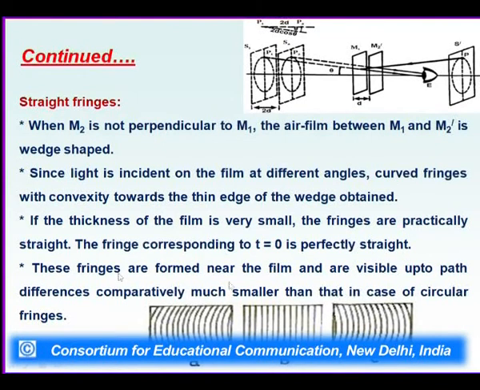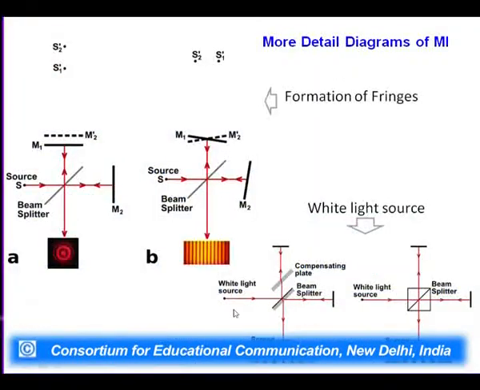These fringes are formed near the film and are visible over a part much smaller than in the case of the circular fringes.